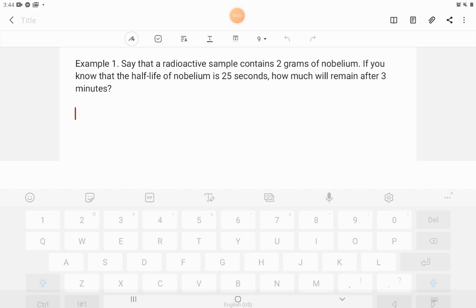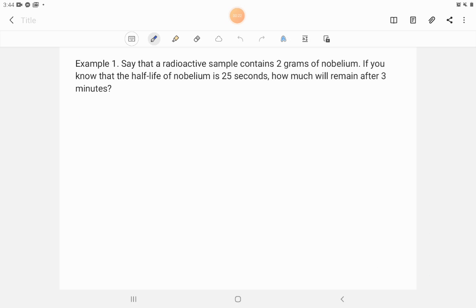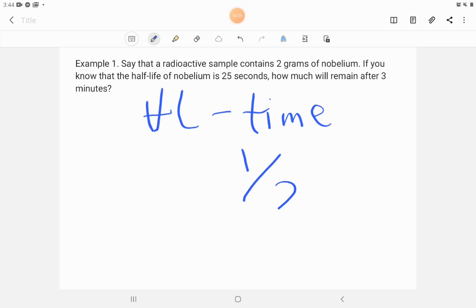A half-life is simply the time wherein the amount of substance is reduced to one half. So let's say to begin with, the amount of nobelium present is 2 grams.